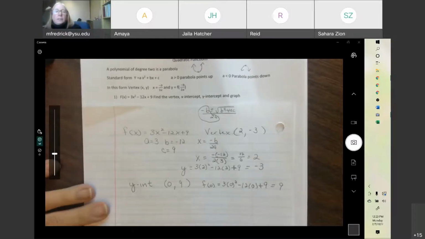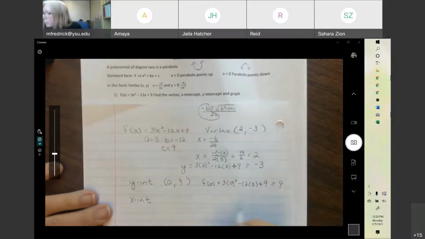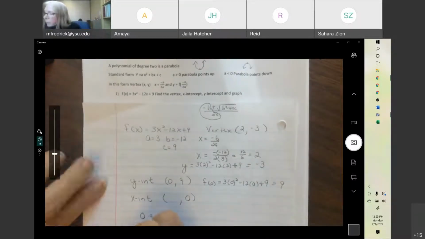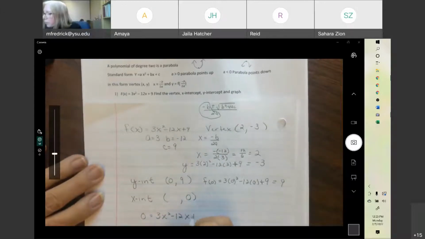Any questions on that? For the x-intercept, you're letting y be 0. So we're plugging 0 in for this function. 0 equals 3x squared minus 12x plus 9.